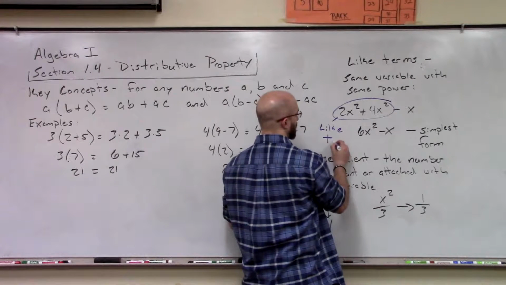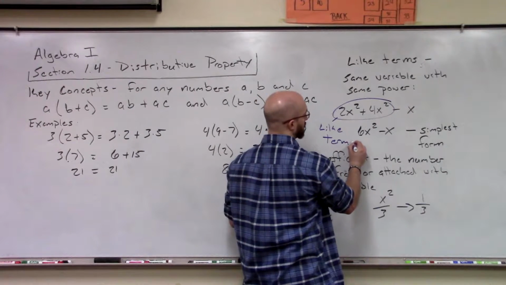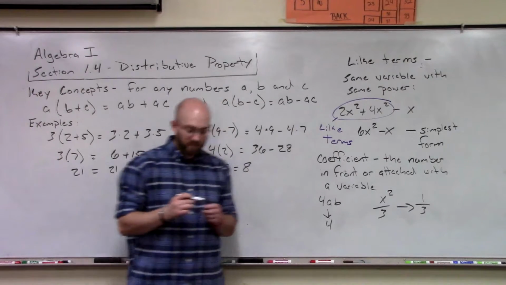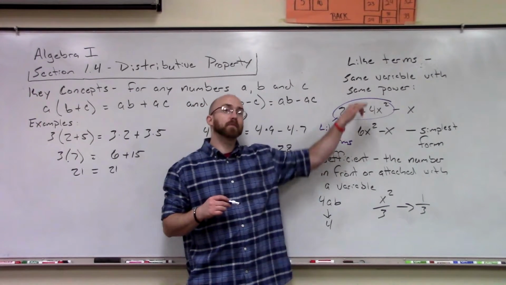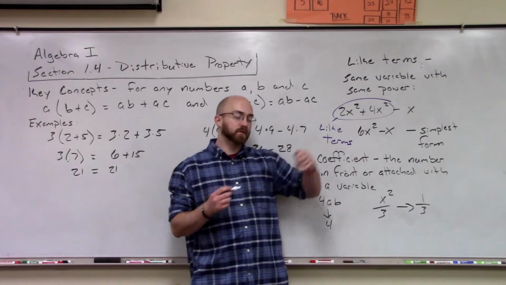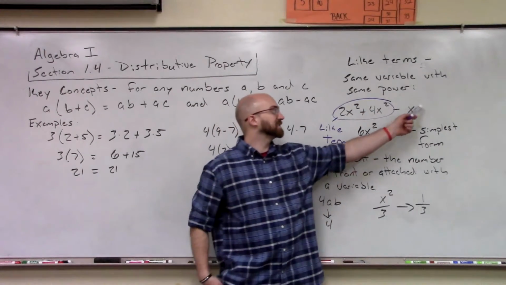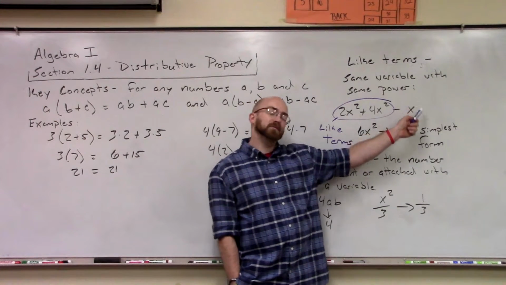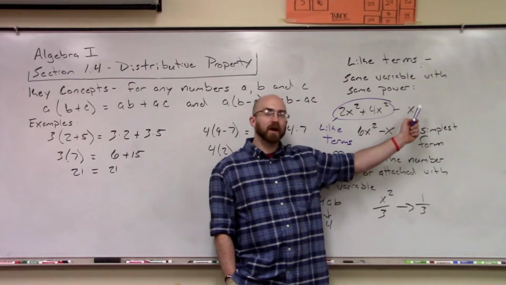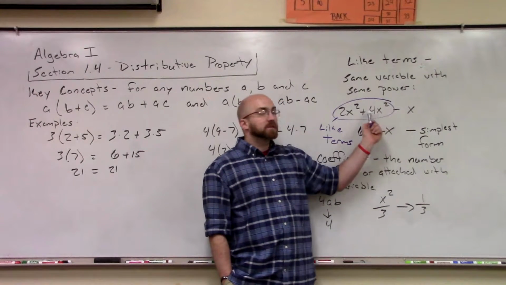Sorry if you can't read it, but those are like terms. You see, they have x squared, x to the power of 2, both of them. So those are like terms. This minus x is not a like term, all right? Because see, it's just x to either 1 power or there's no powers there.